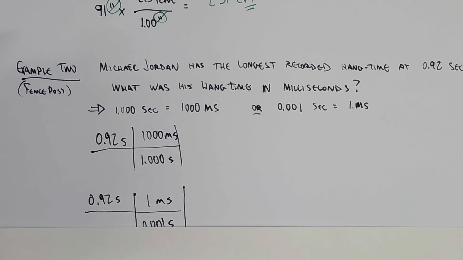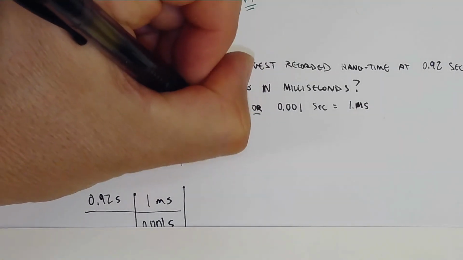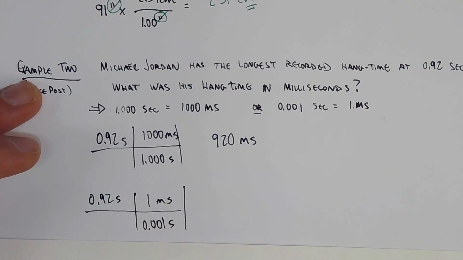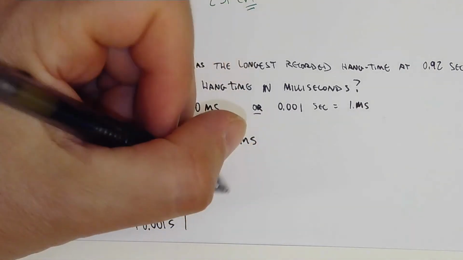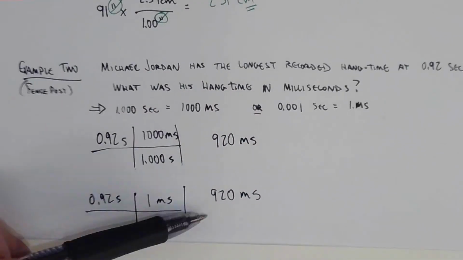So 0.92 times 1,000 is 920 milliseconds. And just for giggles, 0.92 divided by 0.001 also gets you 920 milliseconds. So either way, it's the same answer.